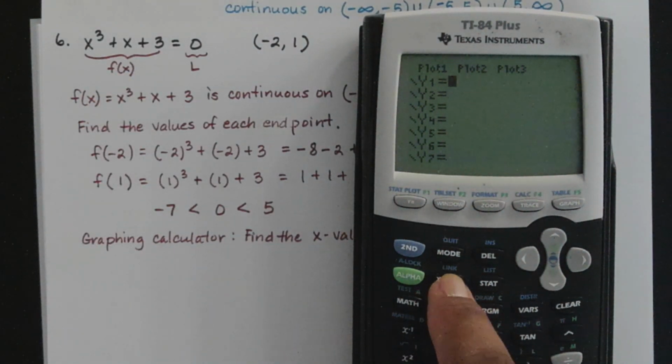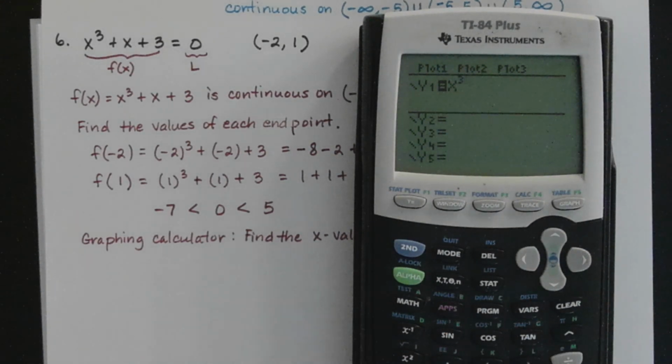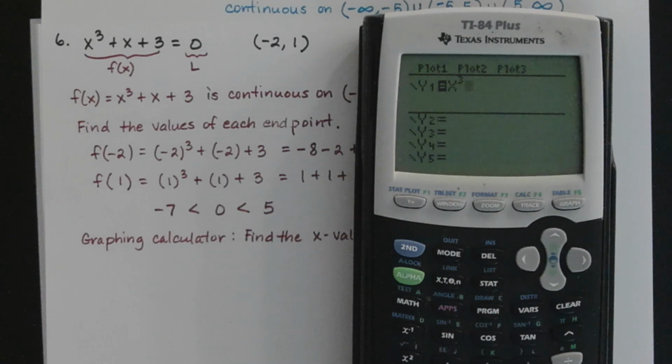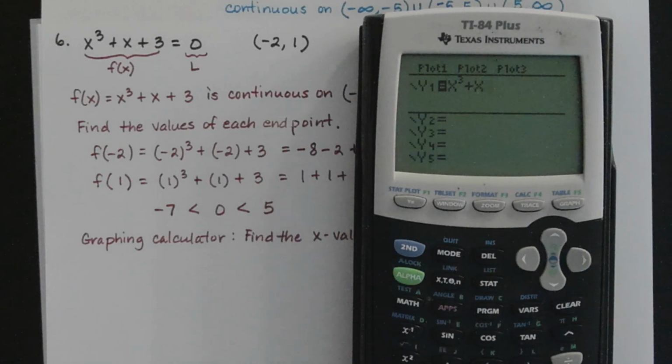So here I'm going to press the X,T,theta,n key for the x, then the hat key, and then the number 3 for the exponent of x cubed. Using my right arrow key to get out of the exponent part, then plus X,T,theta,n again for the x, plus 3. And then use my down arrow key to go to y2.